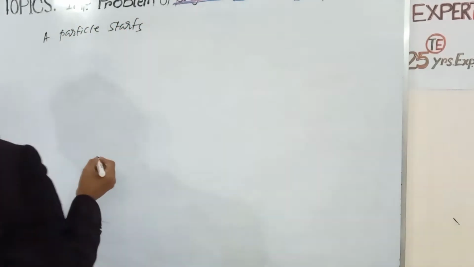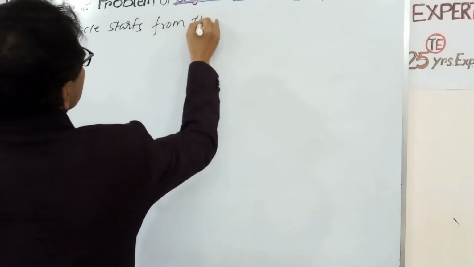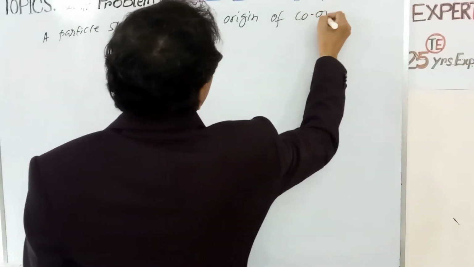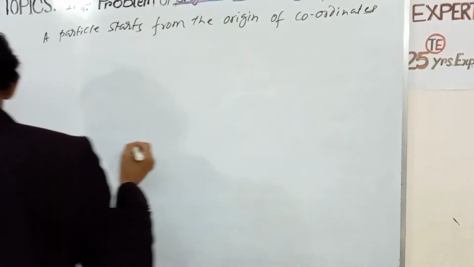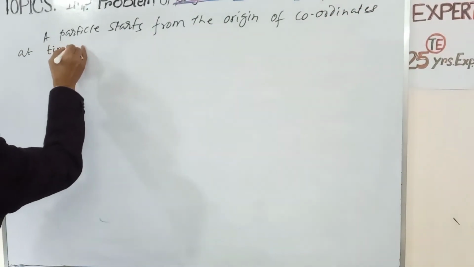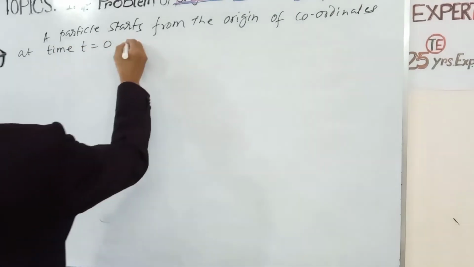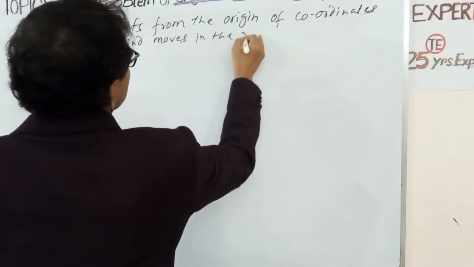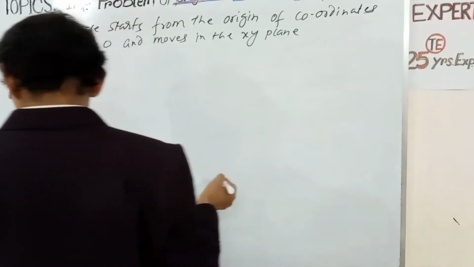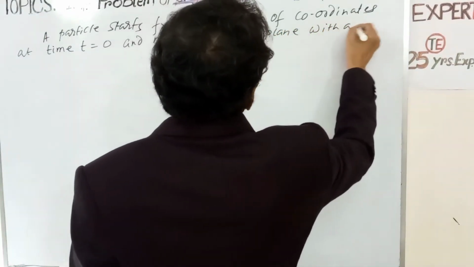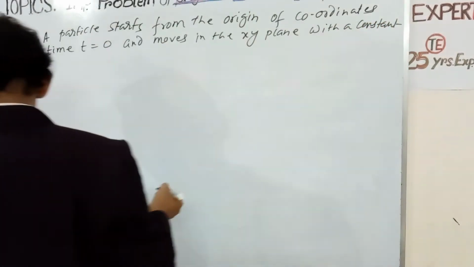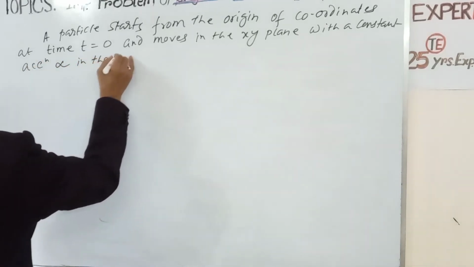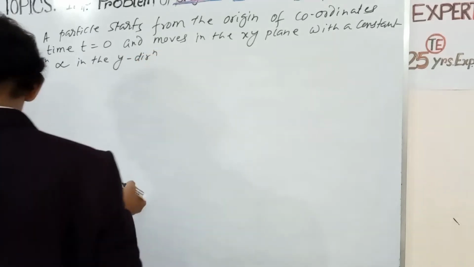A particle starts from the origin of coordinates at time t equal to 0 and moves in the xy plane with a constant acceleration in the y direction.